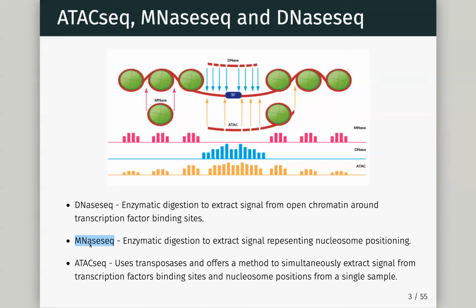ATAC-seq actually gives you a method to simultaneously extract signal from both this open region between nucleosomes, and then, to a lesser extent, you're going to get reads from around nucleosomes. And the more compact the chromatin is, the fewer reads you get.